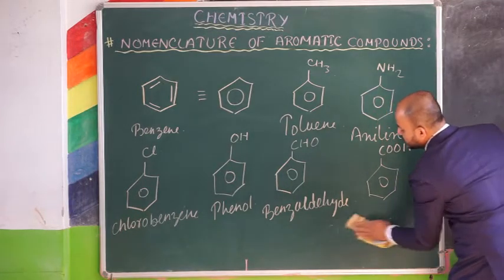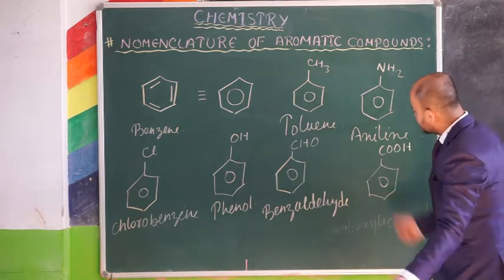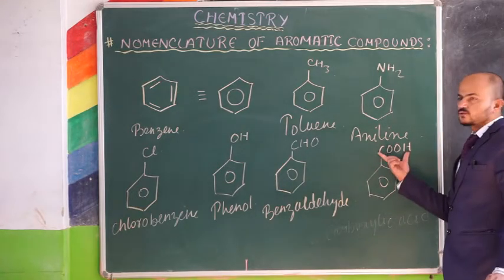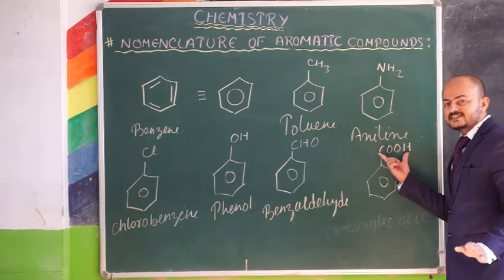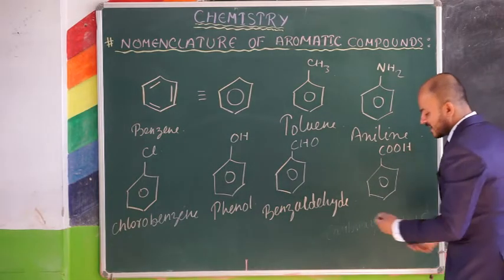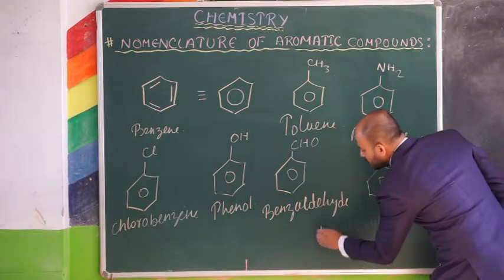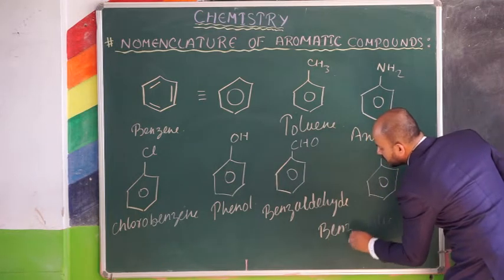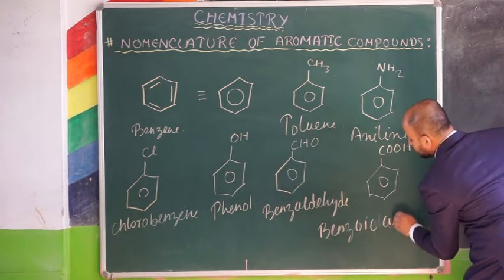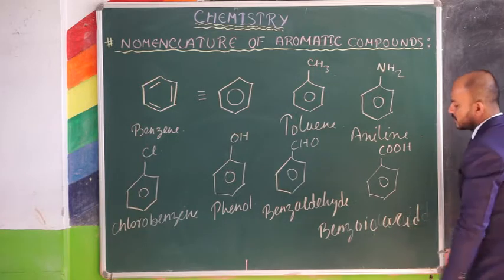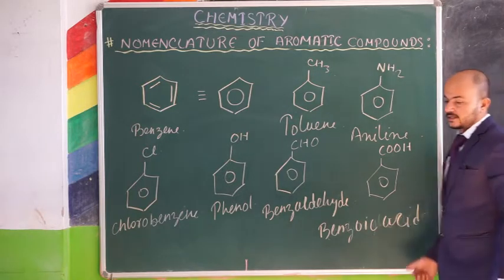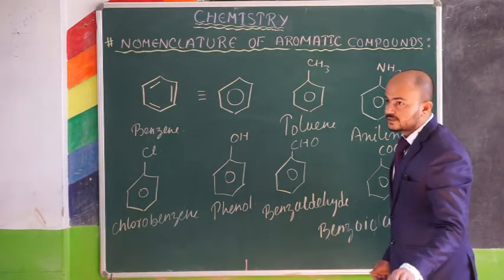If it was only the COOH group, that would be carboxylic acid. Since it is present along with benzene, its name is benzoic acid.